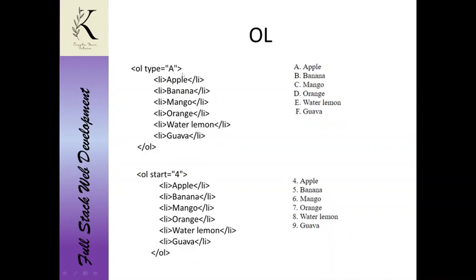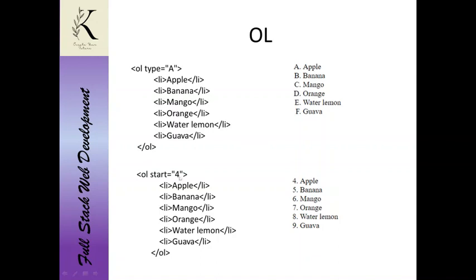If I want the bullets in terms of letters, then I have to provide the value A for type. If I provide capital A, then the bullet will come in capital A. If I provide small a, then the bullet will come in small a. You can see these bullets following the sequence A, B, C, D, E, F like that.